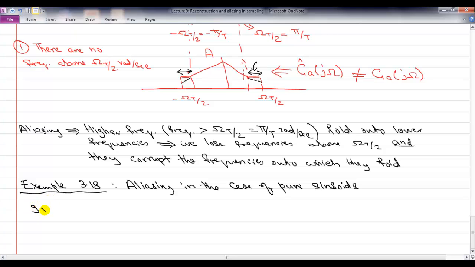So we are going to work with three different sinusoids. One is cosine of 6 pi t, so a 3 hertz cosine, and the Fourier transform of that, by now I hope all of you guys are expert in the Fourier transform of pure sinusoids, is just two impulses at 6 pi and minus 6 pi.